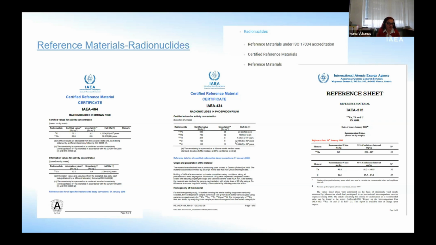For the first two, we have certificate, which contains value for activity concentration, associated uncertainties, and statement of metrological traceability, but also information on its intended use, origin of the material, homogeneity and stability assessment, dry weight determination, and instruction for use. For the reference material, we have reference sheets, which do not contain all of this information.